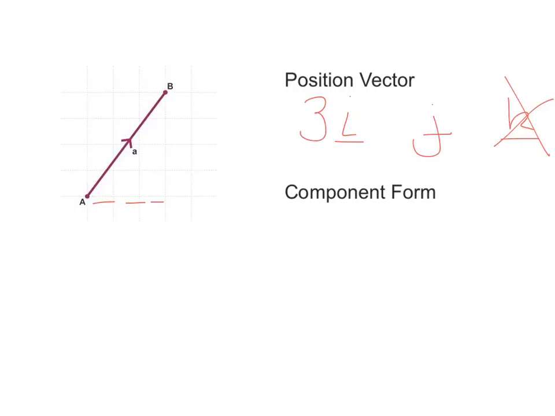And then how far up or down have you gone in the typical y direction? We've gone 1, 2, 3, 4. So that means it would be 4j. And then we don't have a z-axis in this one, so there's no relationship to k. But we can, in the future, have a relationship with k, and we will look at those.